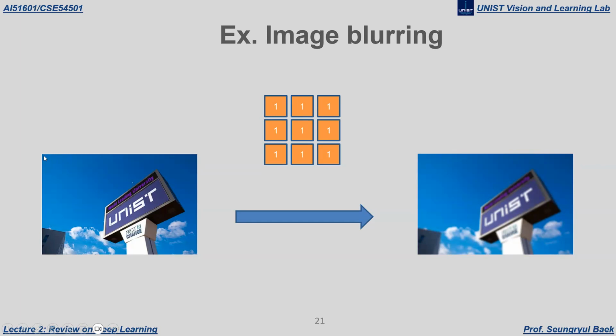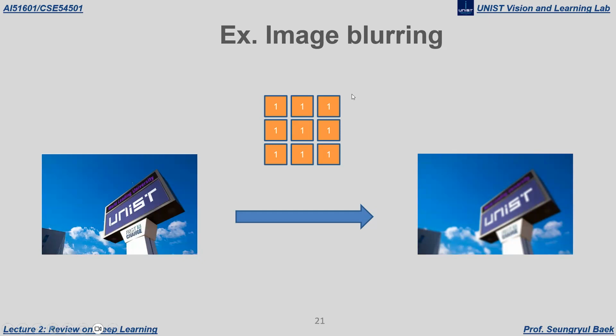For example, in here, the pixels located in the left-hand upper part are averaged by their nearest neighbors, okay? So the resulting output image becomes like this. It looks blurred compared to the original image, right?